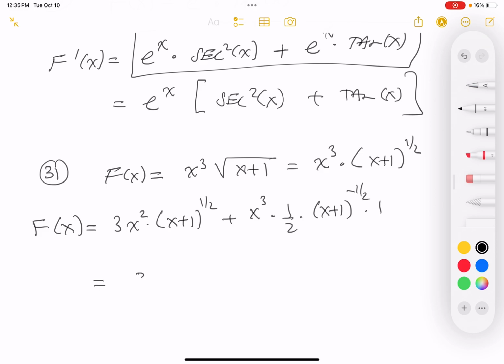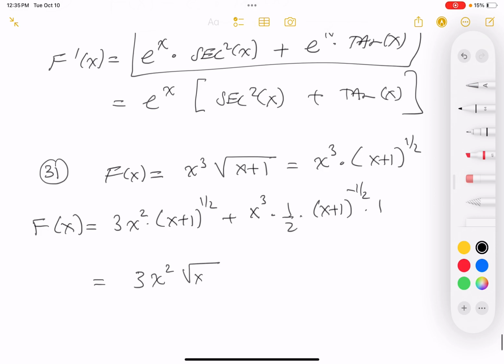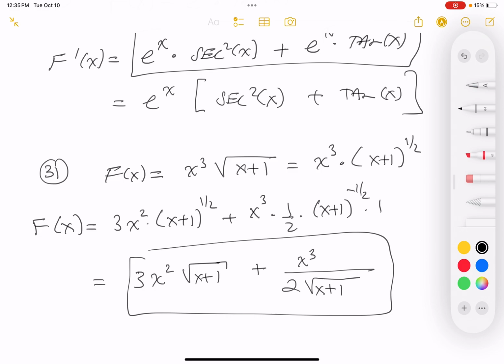Let's clean it up a little bit, and I'll rewrite it so there's roots in the problem. 3x squared, the root of x plus 1. This is going to be plus x cubed, I see a 2, and I see the square root of x plus 1. A little box on this over here.